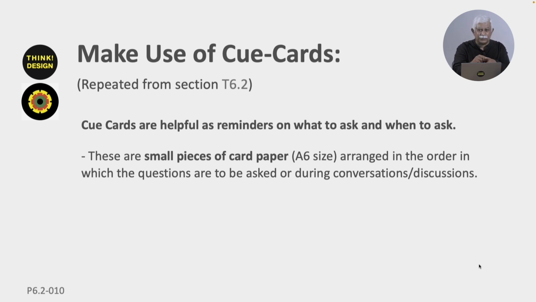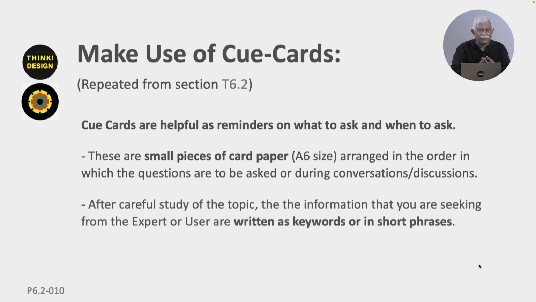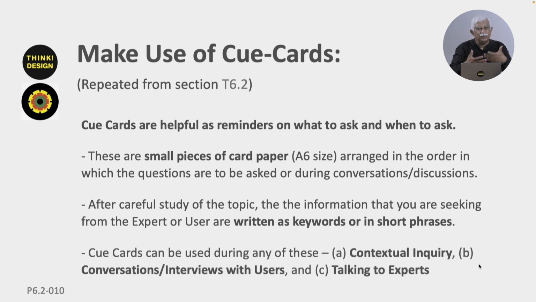Kind of small. You put them one after another like a stack, and you can write keywords connected with what you want to ask, maybe short phrases. So they are put one behind the other, and then you can use them during conversations, and it becomes a good reminder. So you're not tensed about asking questions. You always have a cue card for your assistance.